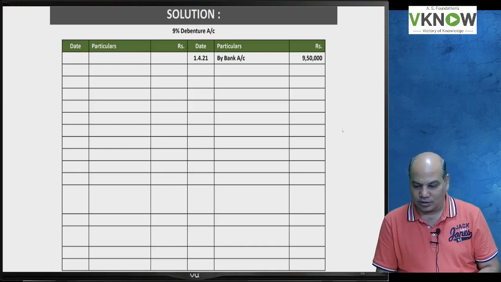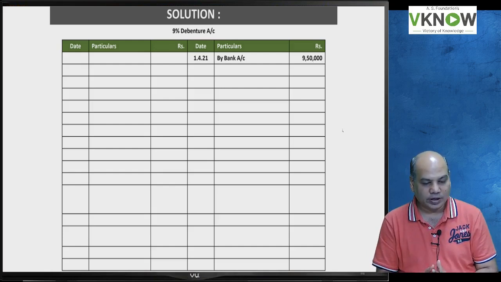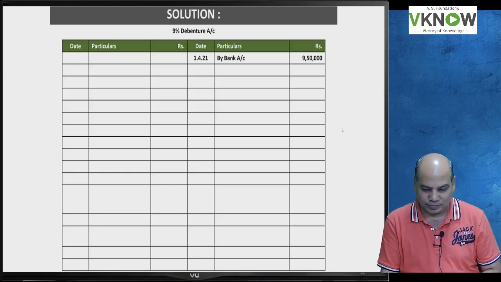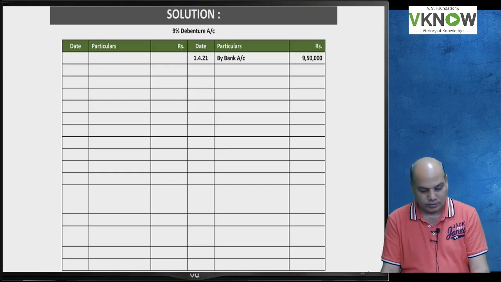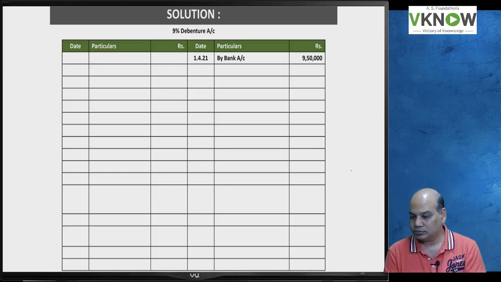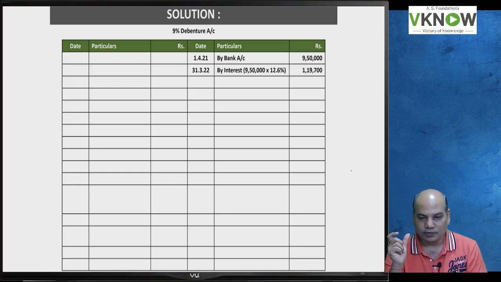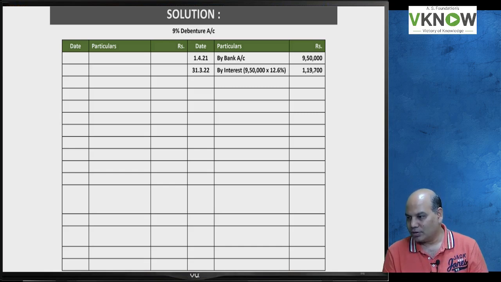Now we'll prepare the ledger. Now you'll understand the standard, how the effective interest rate is useful. How much funds did we raise? 9,50,000. And what is my effective interest rate? So I will compute my financial cost, my interest cost, my cost of using the fund at 12.6%.